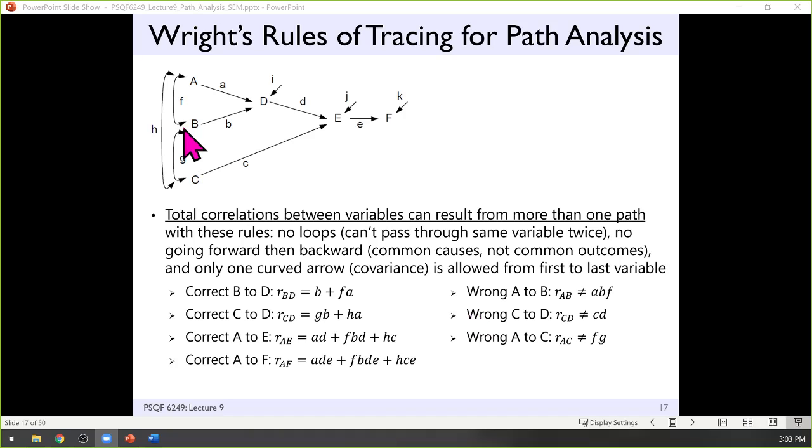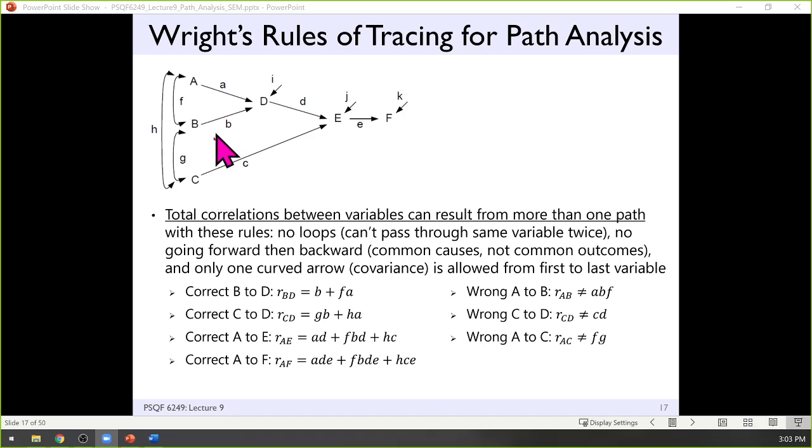A and B, I can't find the model implied relationship going from A to B by going down to D and then back to B. So you can't go downstream to an outcome and then go backwards along the arrow. That doesn't work.